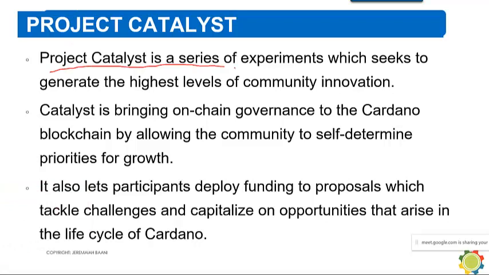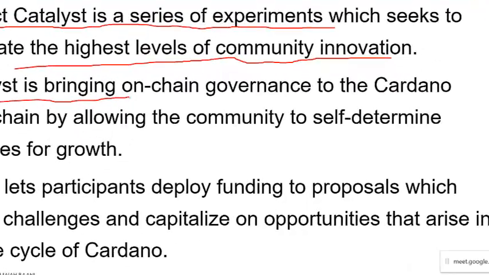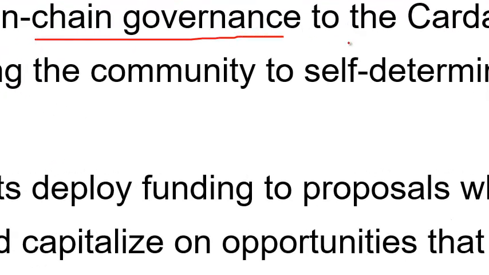Project Catalyst is a series of experiments which seeks to generate the highest levels of community innovation. Catalyst is bringing on-chain governance to the Cardano blockchain by allowing the community to self-determine priorities for growth.